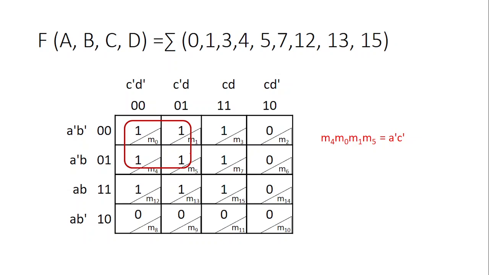Now let's look at the other two over here along this direction. Okay, so let's look at M0 and M1. So what you notice over here is the C dash is the same and D dash is changing.